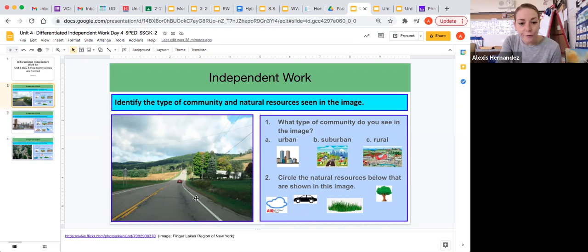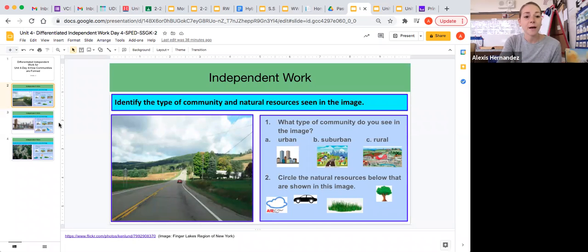So they look at the photo, then they look at the options that I've given them, and they have to circle the ones that are natural resources. This scaffold is built in here to assist them. Maybe they're not able to just look at the photo and answer the question in an open-ended way. So now they have the visuals and they have the options there for them, so this should help them.